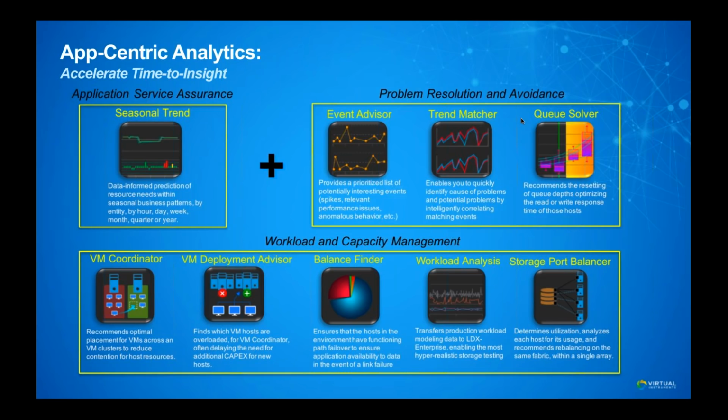And we have analytics for workload and capacity management, analytics that leverage simulation and forecasting to help coordinate where VMs should be placed across a cluster, or how to better divide the logical partitions in an AIX Power box to get the most out of the CPU, memory, and I/O.